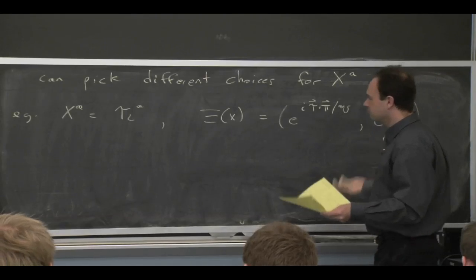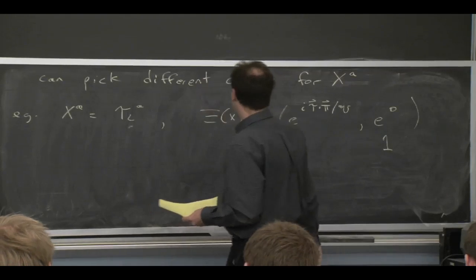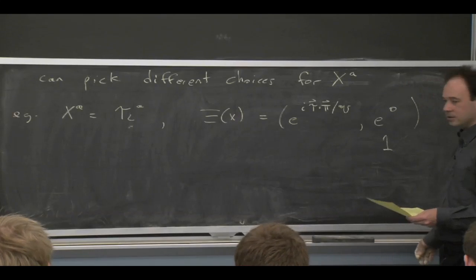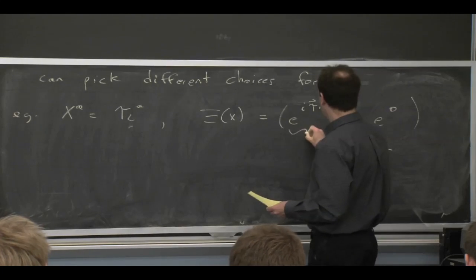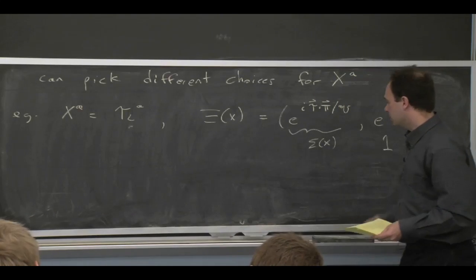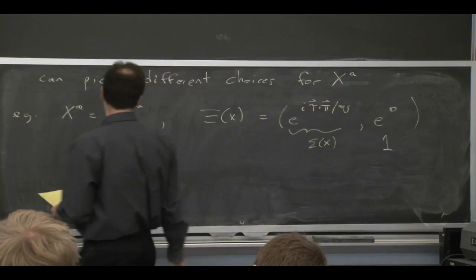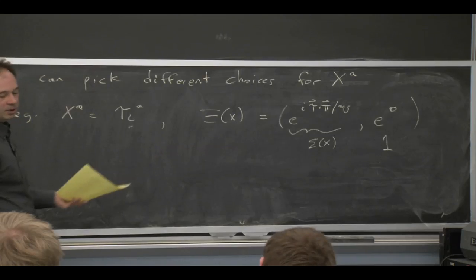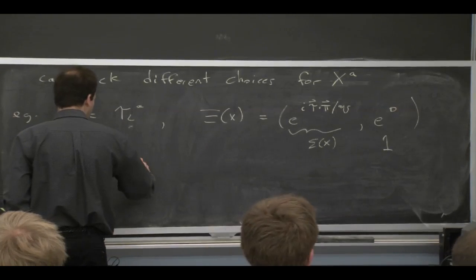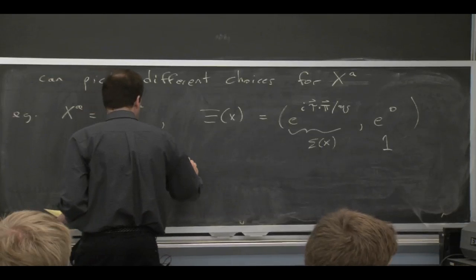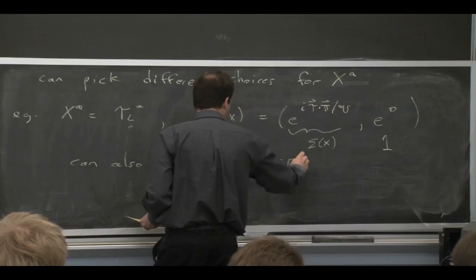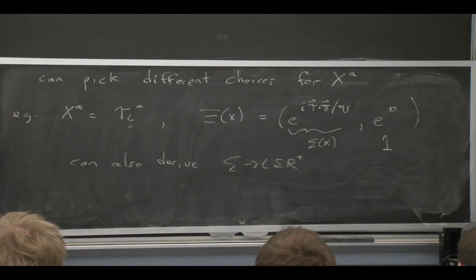The left are broken, one possible choice. Left plus right is unbroken. Then we end up with an entry here, which is sigma. That's our sigma. And if you work out how the sigma transforms, you can derive that sigma goes to L sigma R dagger. But that's just one choice. You could do other choices.